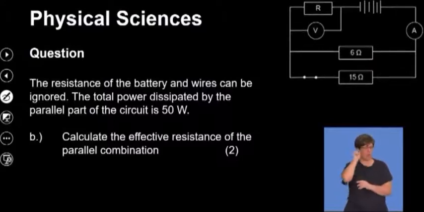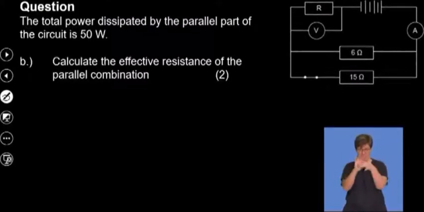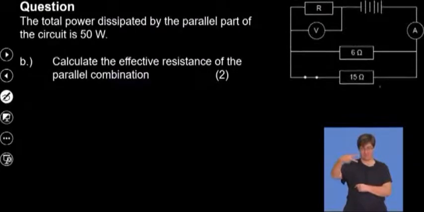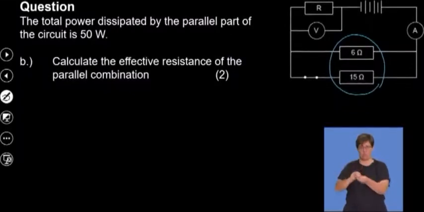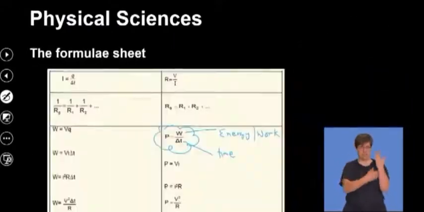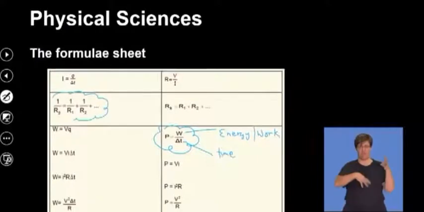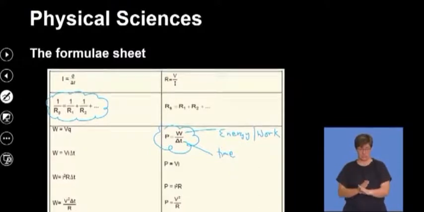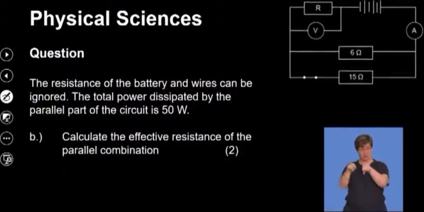Now, the follow-up question says, calculate the effective resistance of the parallel combination. If you look at that, we are talking about these two resistors. What is their combined resistance? Again, if we go back to our data sheet, you'd realize that for a parallel circuit, this is the formula that you need to make use of. But if there are two resistors in parallel, we can use even the product over sum.